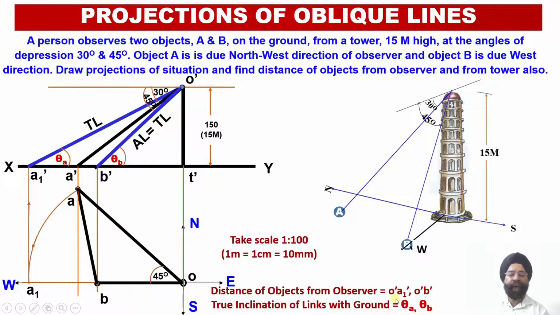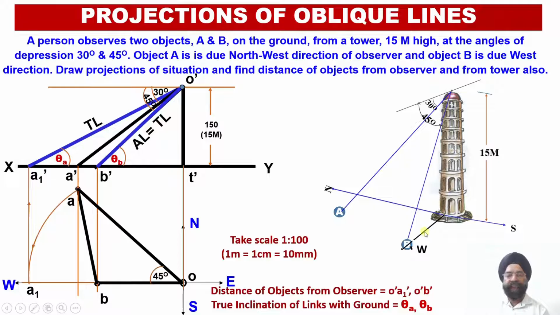So this way we have been able to evaluate the distances of the rays of sight between the observer and the two objects, the distances of the objects from the tower, and the angles of inclination of these objects from the ground.